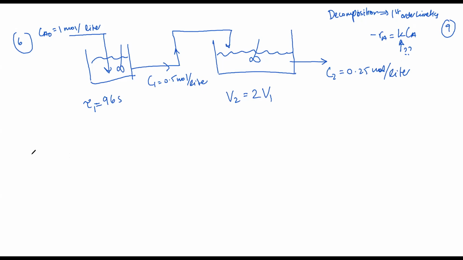So how do we do this? I'm given V2 over V1. So maybe if I say V2 over V1 is equal to tau 2 over tau 1, I can solve for tau 2 and then use the PFR equation for tau 2 to get K. It seems like a reasonable approach.